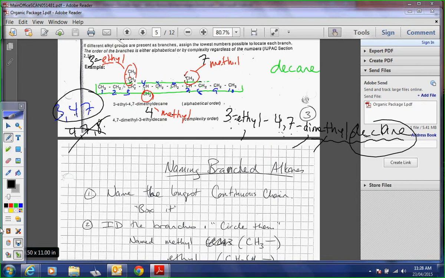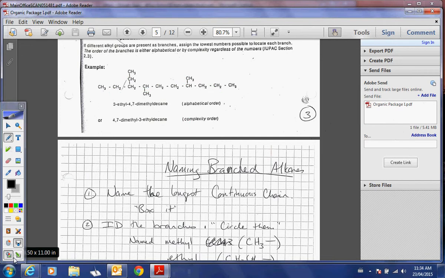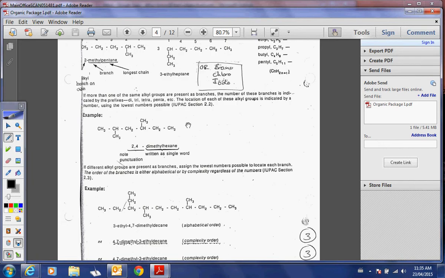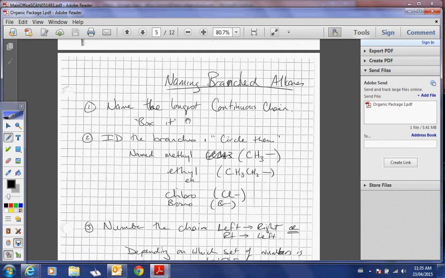So here I've put this next section, so naming, this here is all rules of nomenclature, but they're quite long-winded. Here I put them just a little bit in my own words, but it's the same thing. It's just a little bit more grassroots.